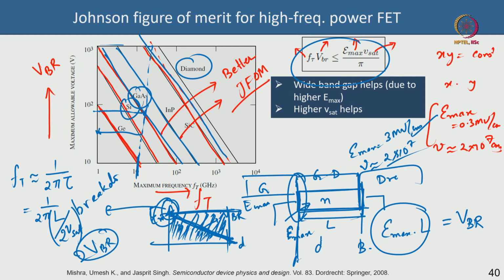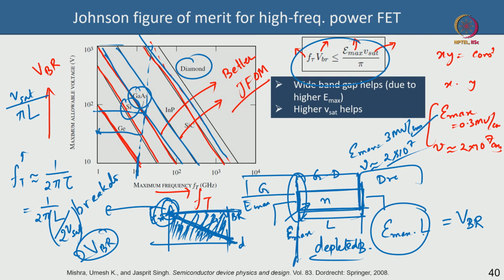Space charge region means this is a depleted region. Okay, only in a depleted region will it block the voltage, it cannot block the voltage when it is not depleted. So, when it is depleted it is a space charge region, in any semiconductor, and space charge transport has a factor of 2 here, that is a different derivation by the way. So, essentially your cutoff frequency can be expressed as Vsat divided by pi times L. Okay, that is your cutoff frequency.